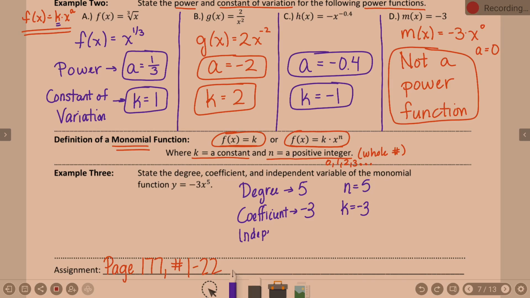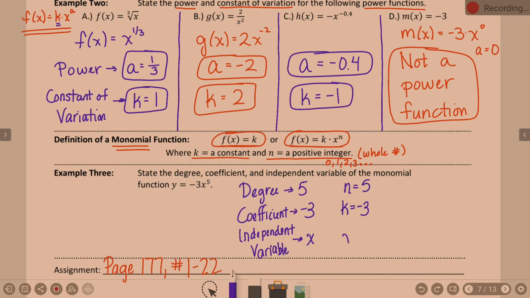Do we know? I mentioned it earlier. X. Independent variable is X. X is what you plug in for, Y is the outcome. That's the independent variable.